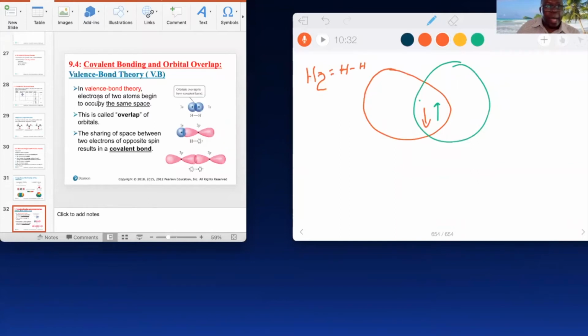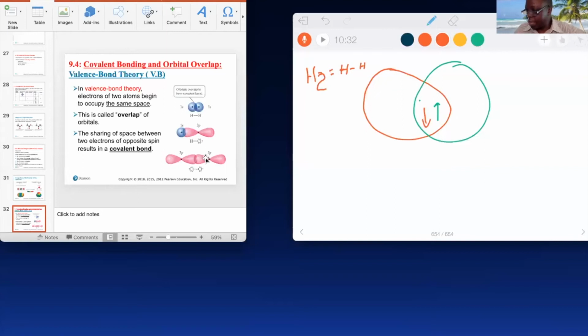Now, where the valence term comes in is, if you look at hydrogen, this is 1s. For chlorine, the valence shell is 3p, and those are the shared electrons you see here, 3p. The bonding has to do with the sharing.